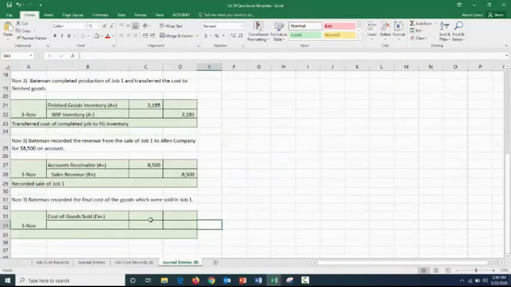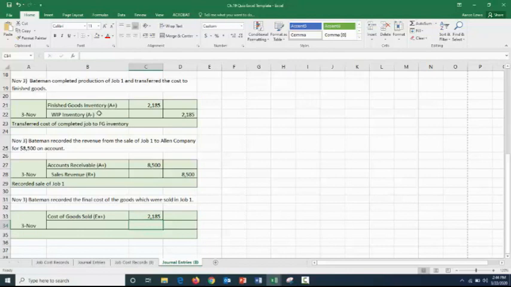So we're going to put that into cost of goods sold. Well, up here, when we finished that job, we took the cost of job 1 out of WIP, put it into finished goods inventory. Well, now it's not going to be sitting in our inventory anymore, so we sold it. So what we need to do is take it out of finished goods inventory and put it into the cost of goods that we actually sold.